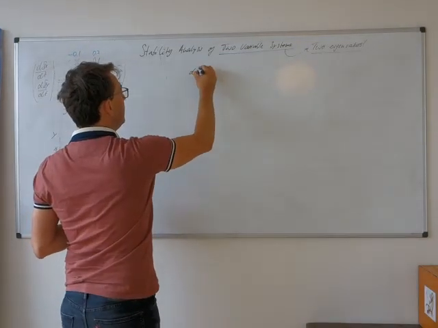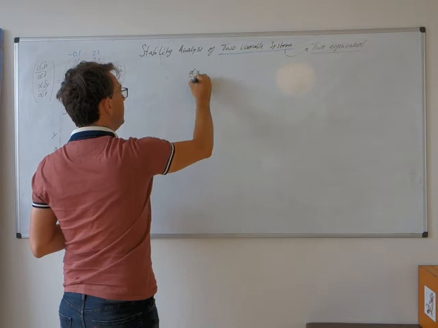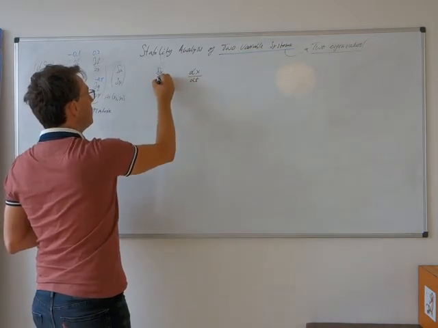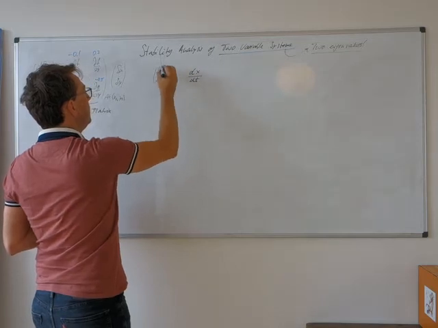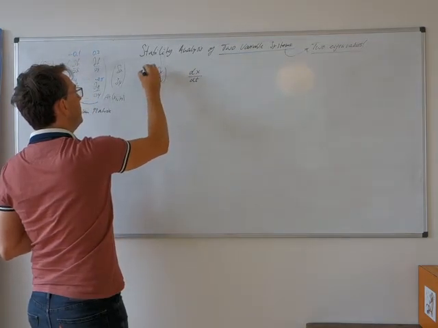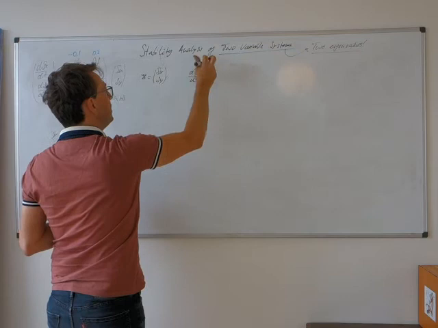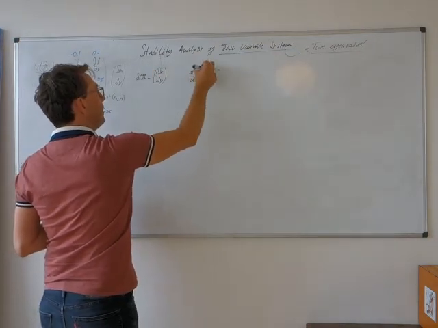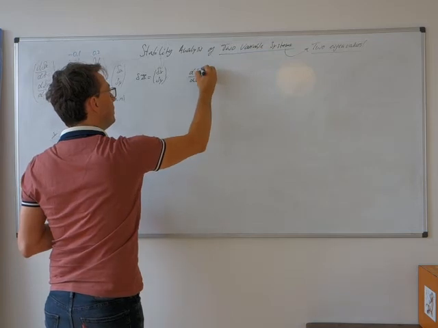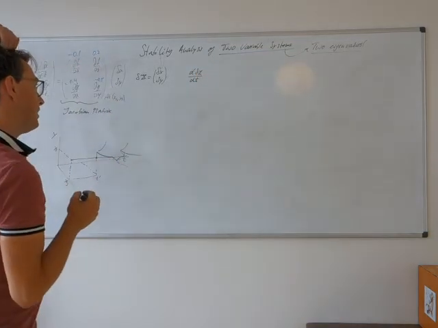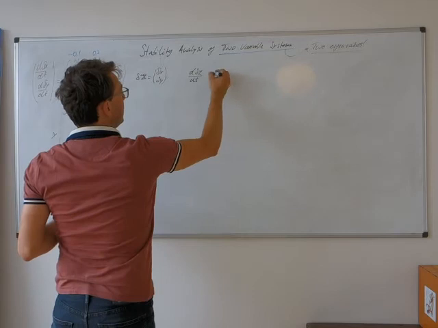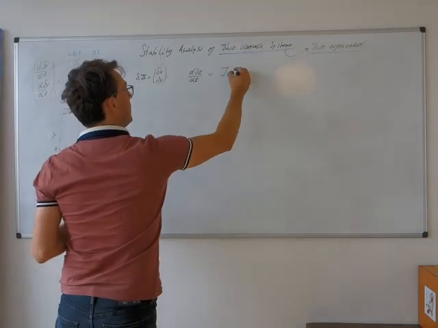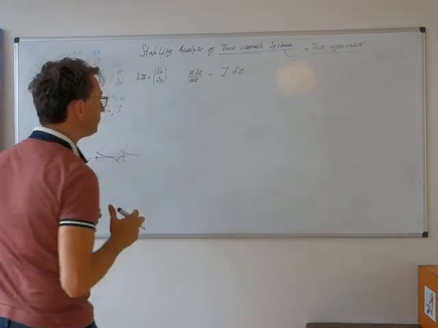So if we describe this as a vector, let's call it delta z. So that's the vector of perturbations. And the rate of change in this vector is given by the Jacobian matrix J multiplied by a vector. Okay?